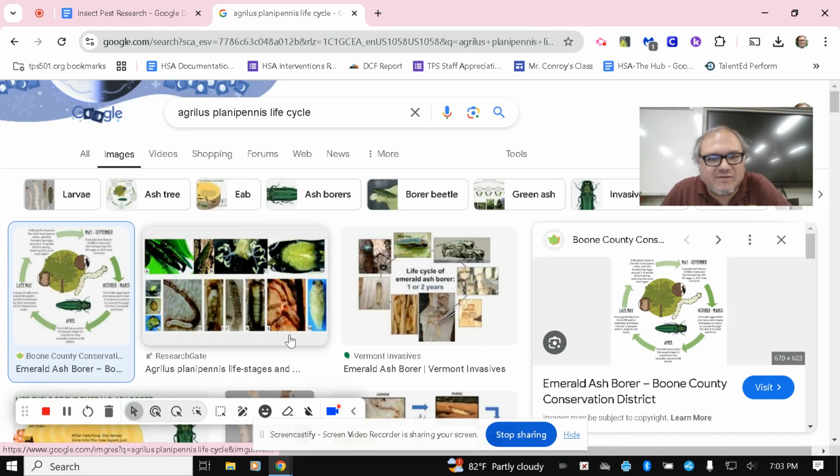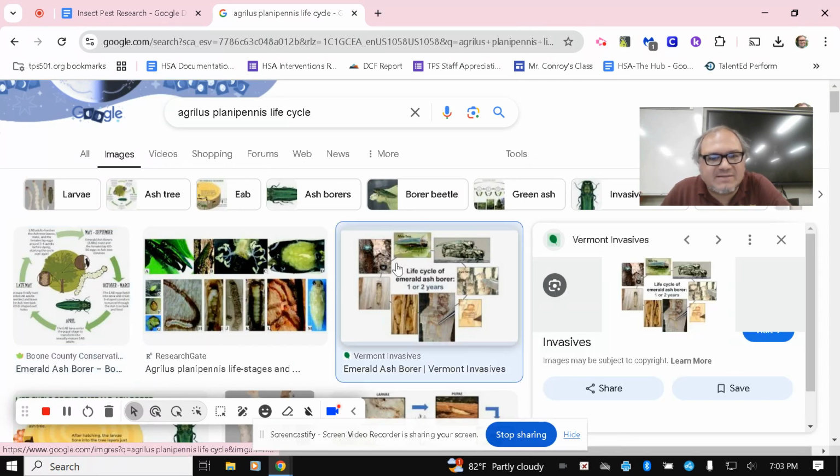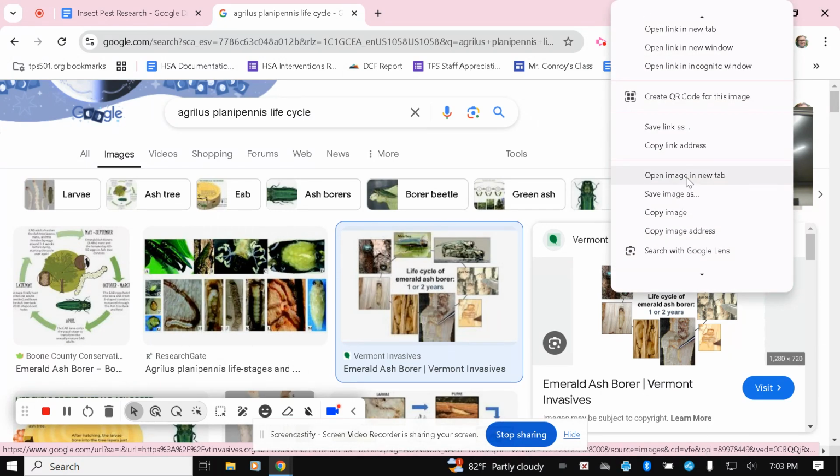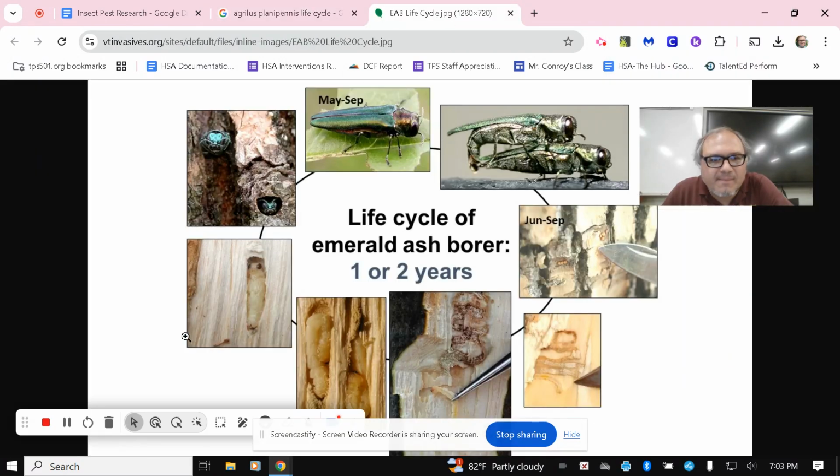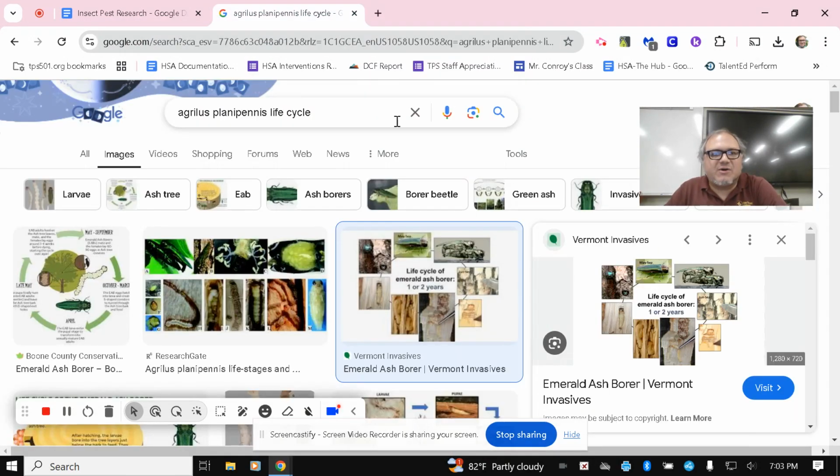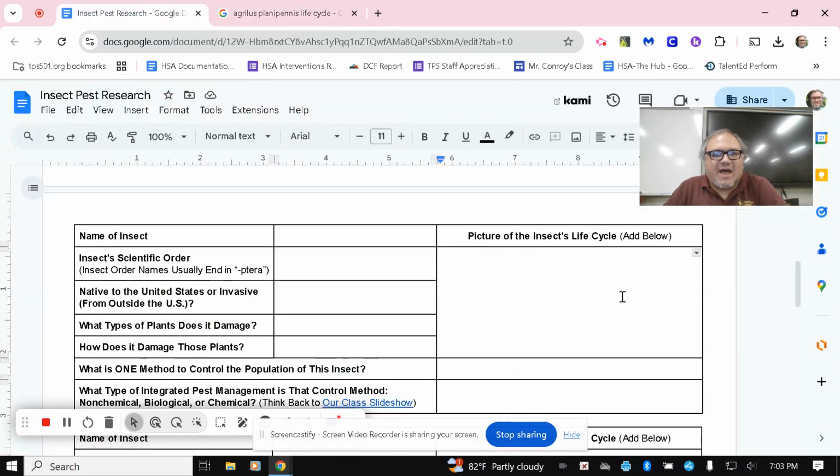So again, I might look for something that gives a little bit more insight. So let's look at this reference image. This one's a little bit better. You can kind of see some of the in-between stages as well as the adult stage. So again, just look for one that has really good references as far as showing its different life cycle stages for that particular species.